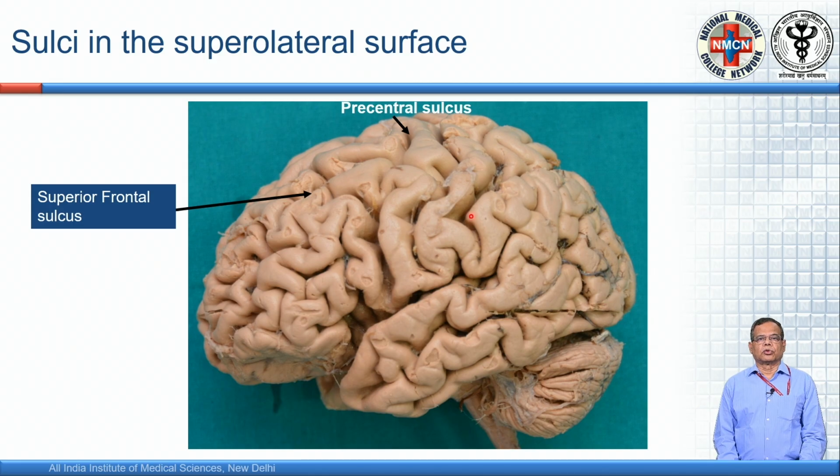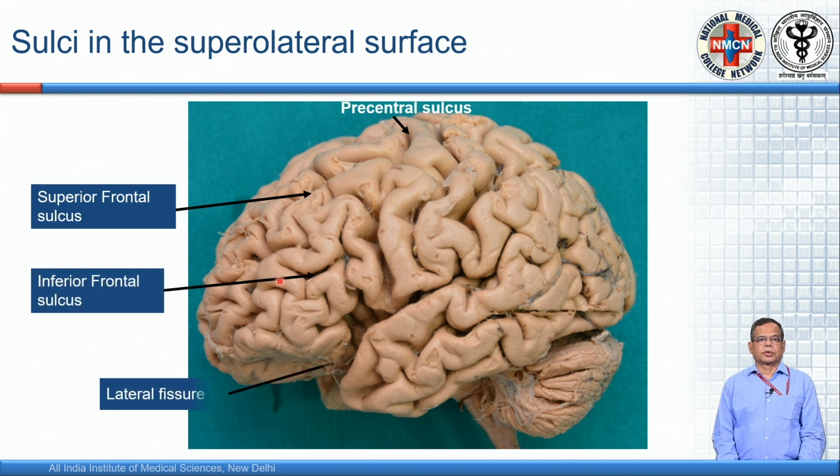In the frontal lobe, one can see the precentral sulcus in front of the central sulcus, which runs vertically towards the lateral fissure. In the middle of the frontal lobe, there are two sulci, the superior frontal sulcus and the inferior frontal sulcus.